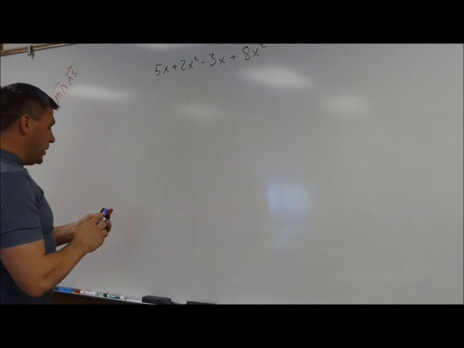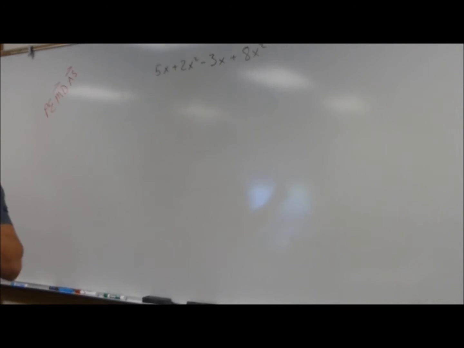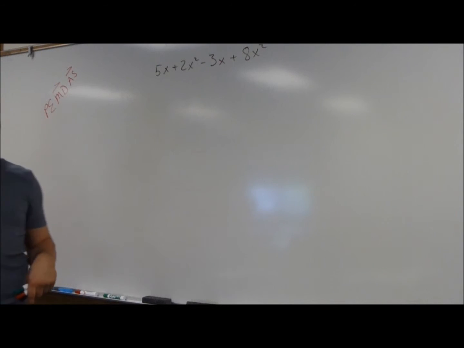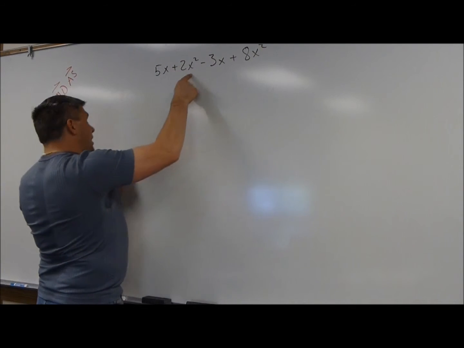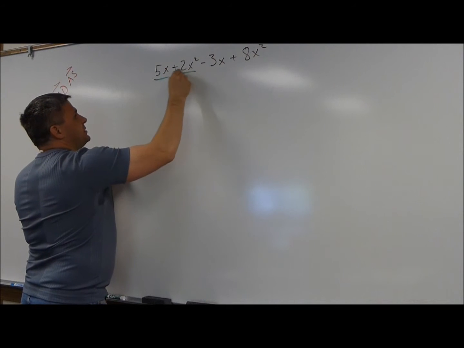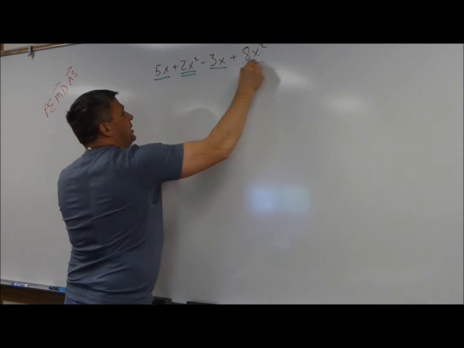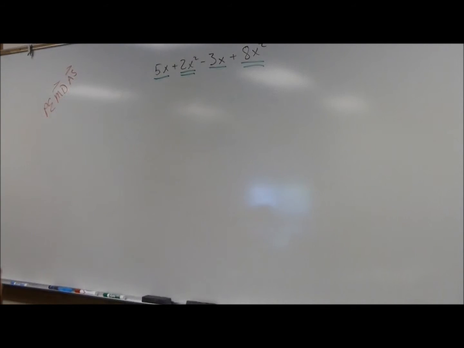So what I'm going to do is, x's and x squareds are 2 different things. Just like x's and z's are different. Well, x's and x squareds are different also. So I have to separate these from each other. And once I get that these are different, then everything else kind of comes together.